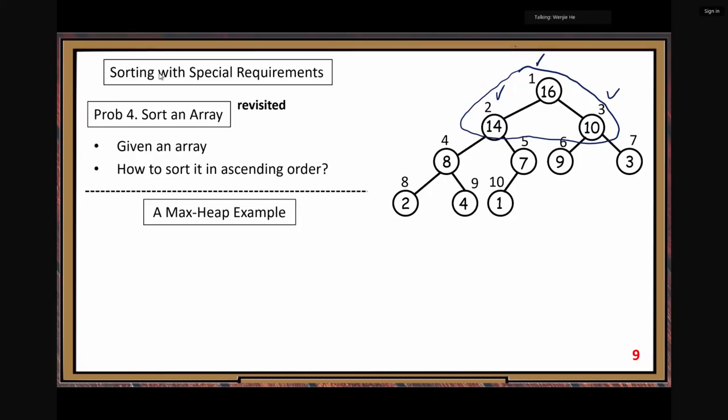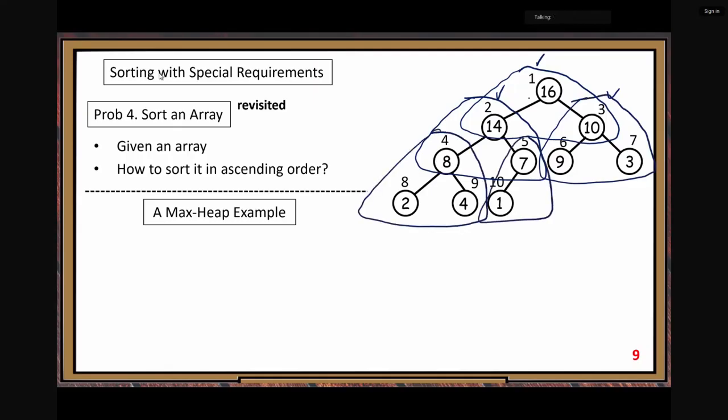16 is greater than 14 and 10. You need to look at it everywhere. The max heap property is satisfied everywhere, so we call this a max heap.